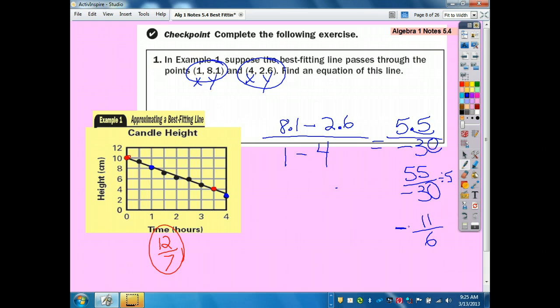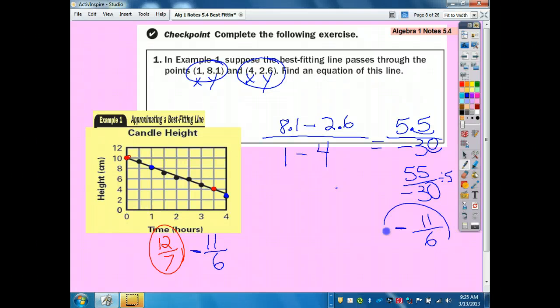Is that pretty close? What did we have here? Was our first slope negative? Oh, yeah. So now we don't have the same slope.